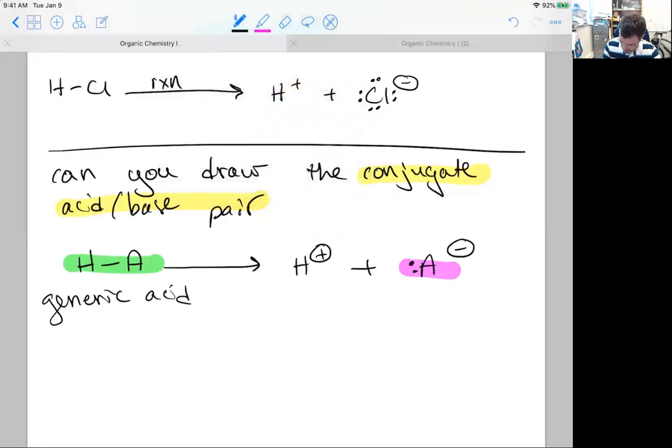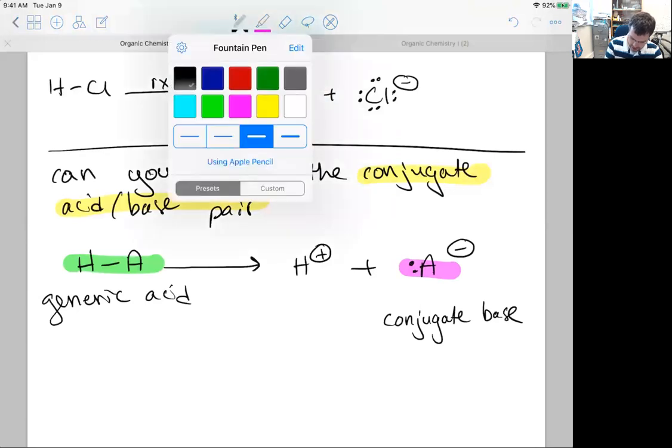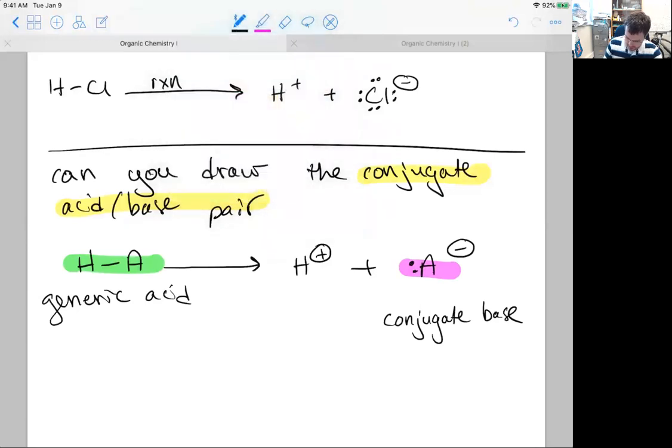So A- is called the conjugate base. HA is a generic acid, yes, but in this equation, it is the conjugate acid.